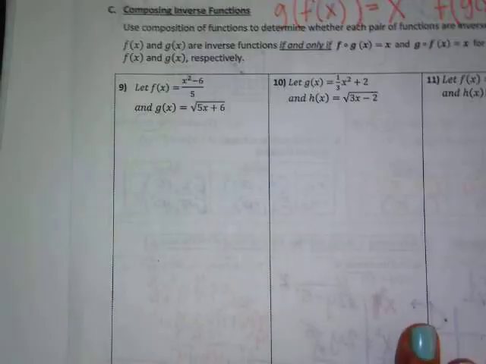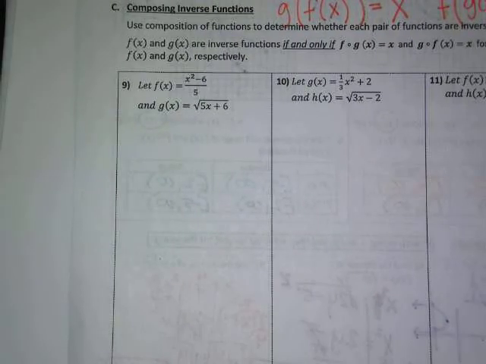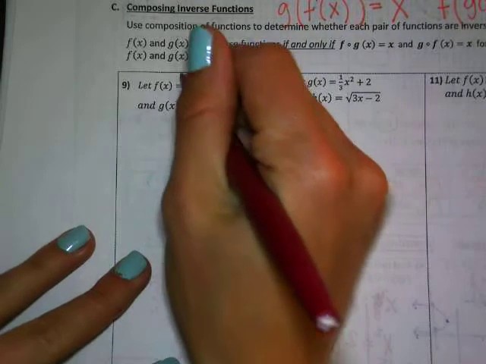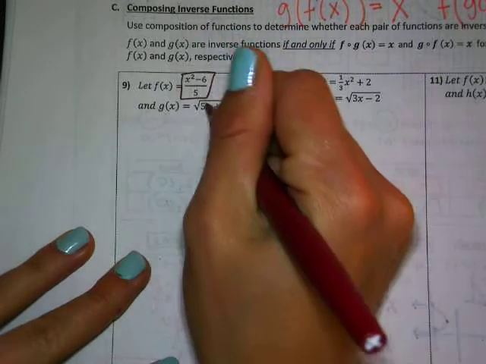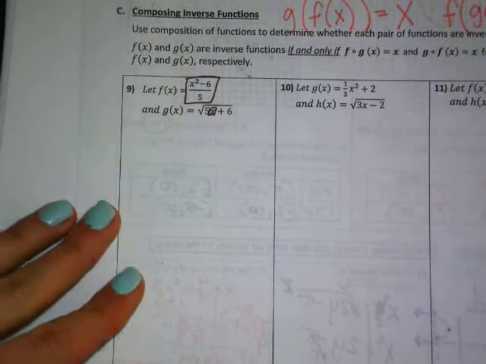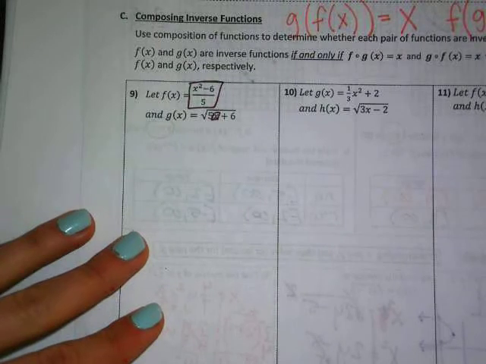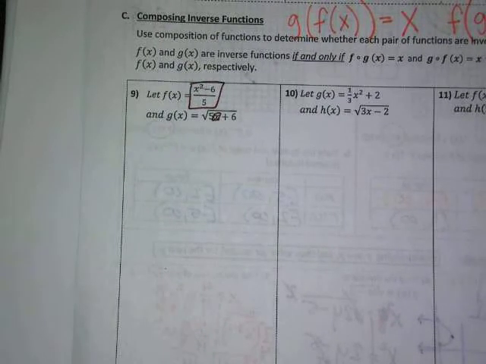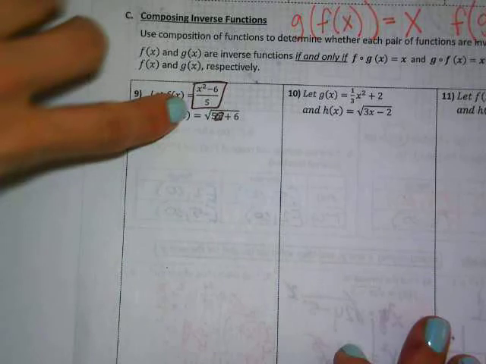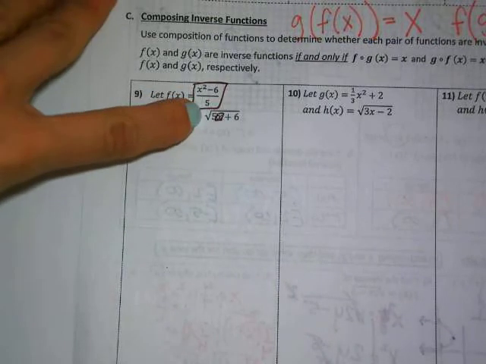All right, so we are just going to test and see if these are inverses or not. I'm going to take one of my functions and plug it into the other function. So I'm going to take f and plug it into the g. When you're plugging it in, go from left to right and just write what you have.